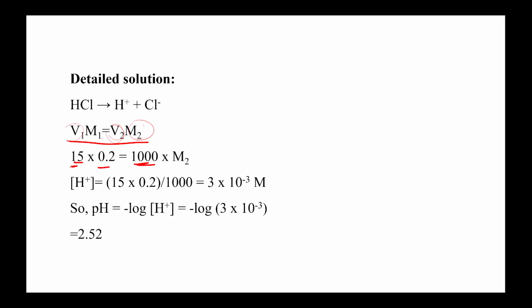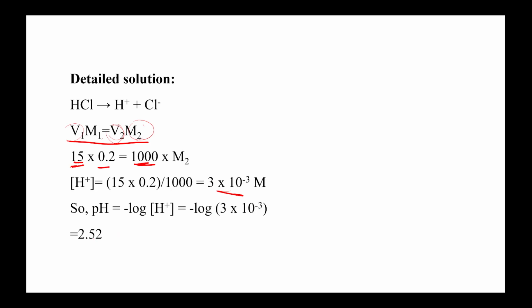Rest, just calculate 15 into 0.2, that is 3, divided by 1000. So 3 into 10 raised to power minus 3, and we'll have log 3 plus 3. So this will be negative.